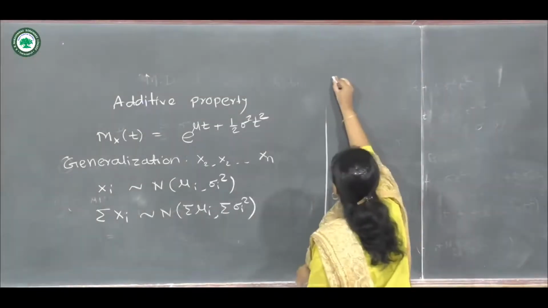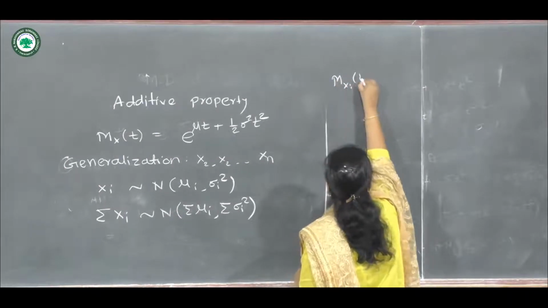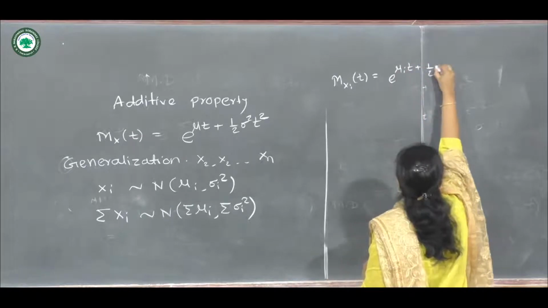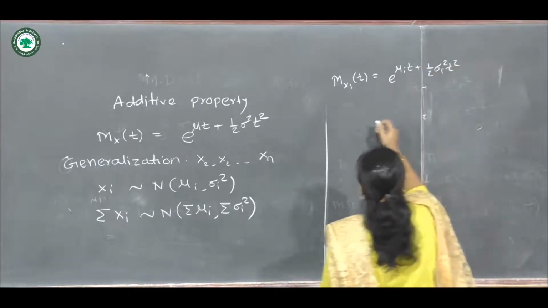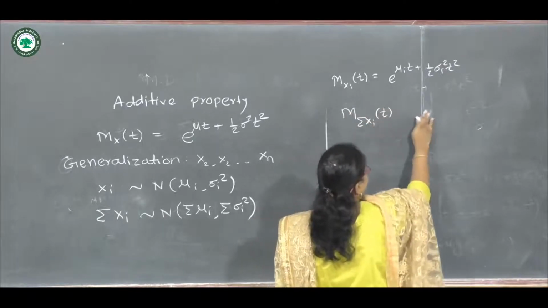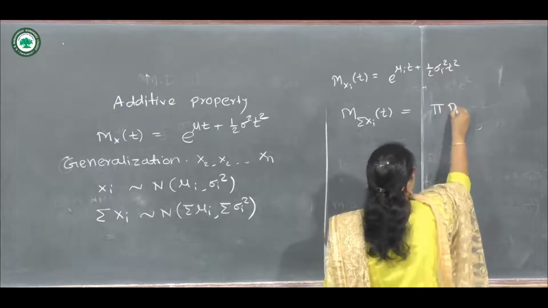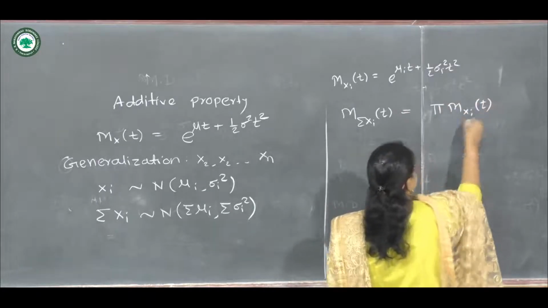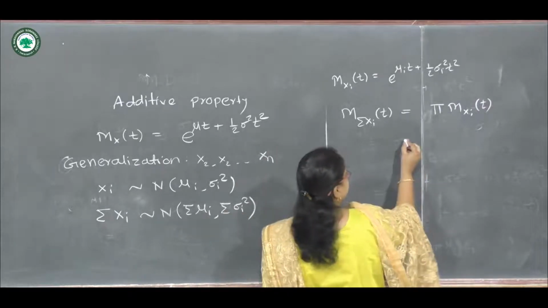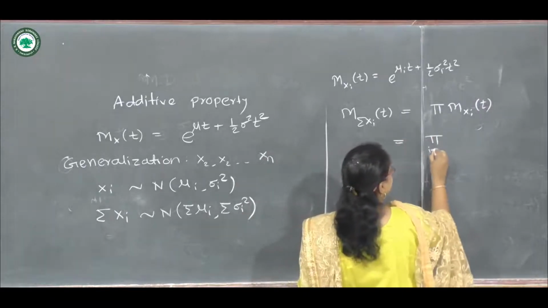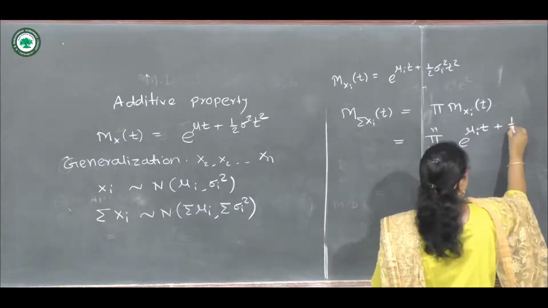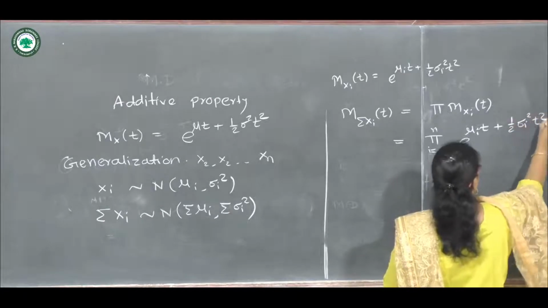So here we can write M_{Xi}(t) equals e raised to mu i t plus half sigma i square t square. Now M of summation of xi at t equals the product of these, so this is the property of MGF again, and we will substitute the value e raised to mu i t plus half sigma i square t square.